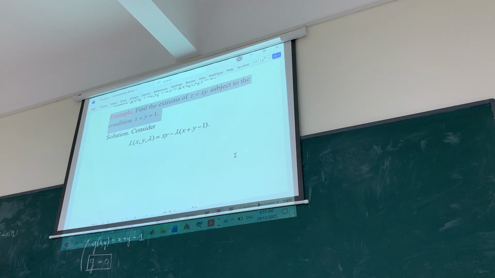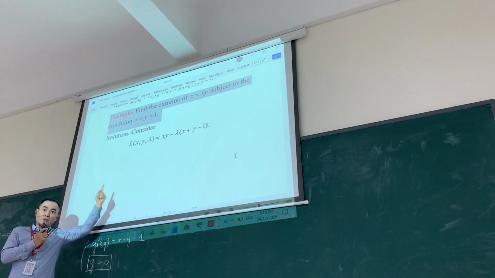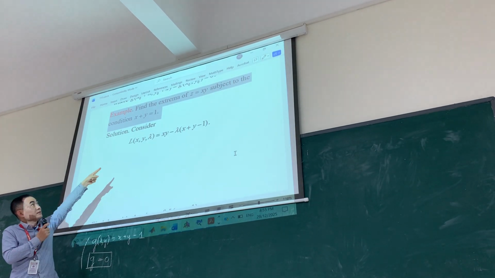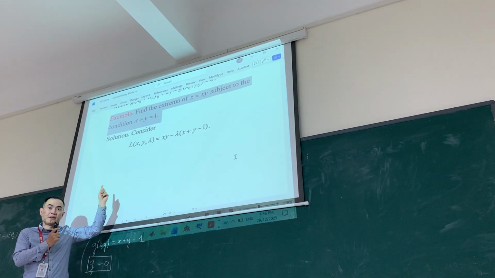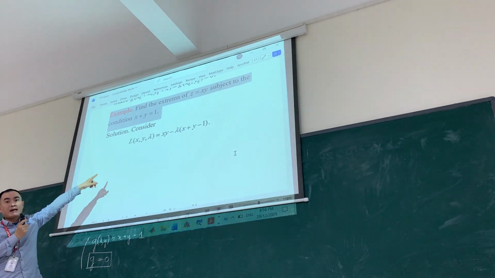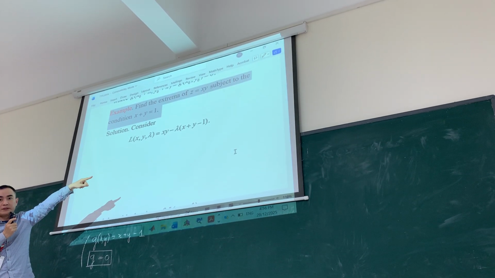I think you know that in this example the constraint function g is x plus y minus 1. We consider the Lagrange function L equals f minus lambda g.